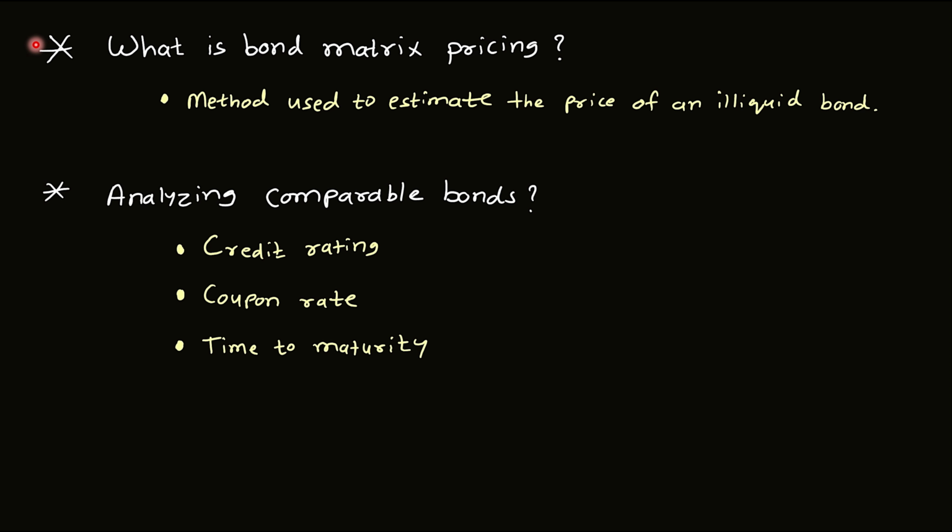So if our bond has 2 years to maturity, the comparable bond has to have 2 years to maturity. Or similarly, if we are comparing a bond in the financial sector, we want to make sure it has a similar industry or sector.